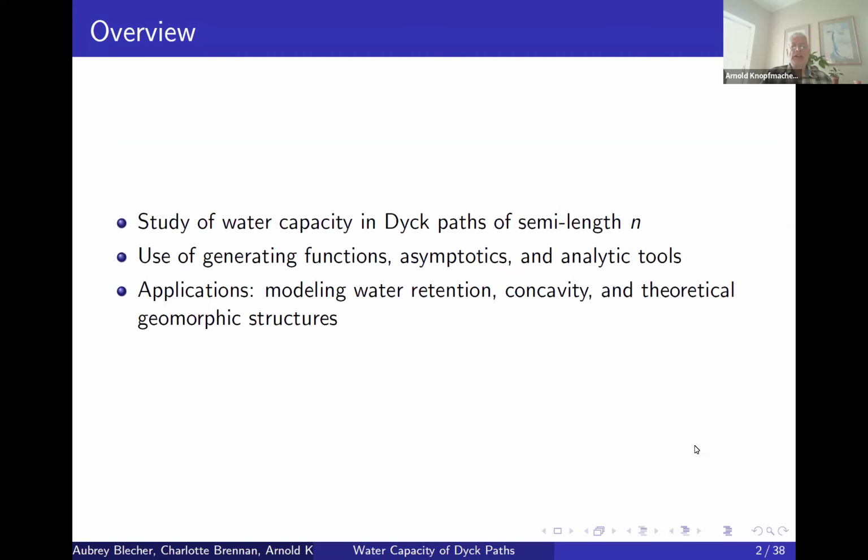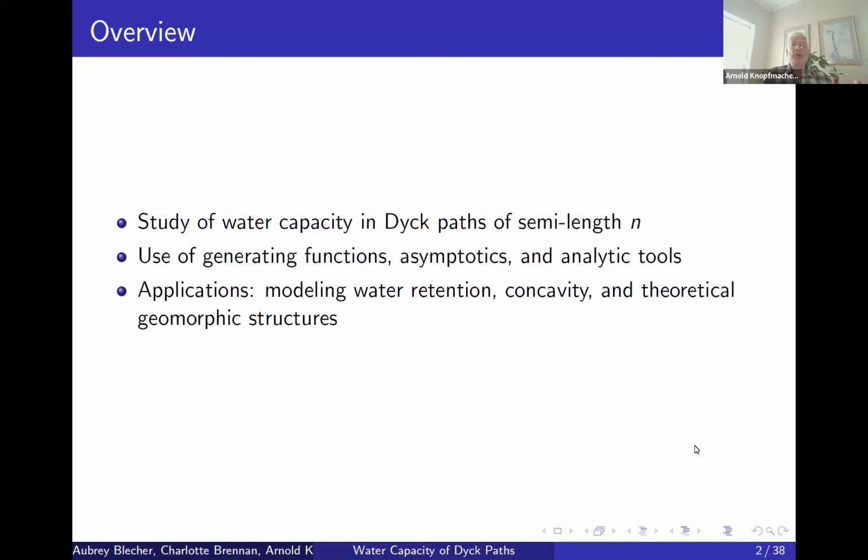Okay, so the picture is going to make things more clear, but just as an overall idea, the methods used in this paper, and in probably most of the papers that I'm involved in, extensively use generating functions to set up generating functions for counting whatever type of objects we are interested in.